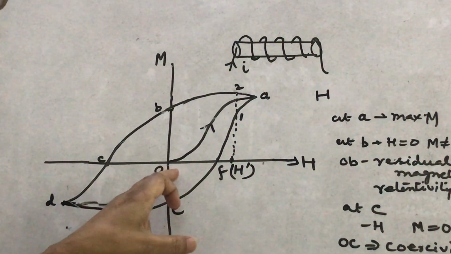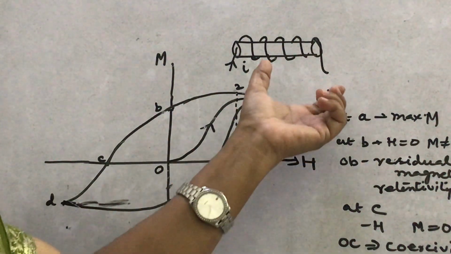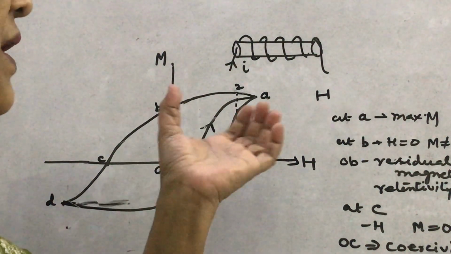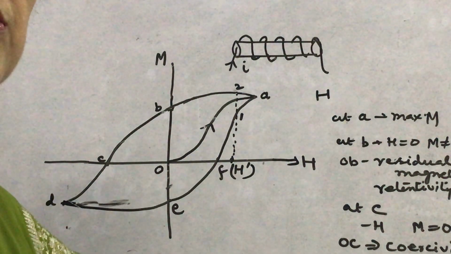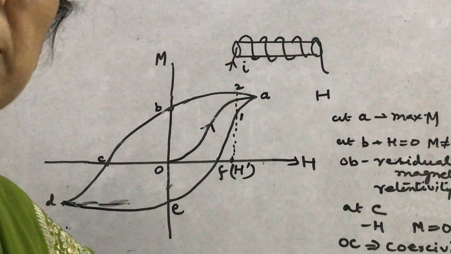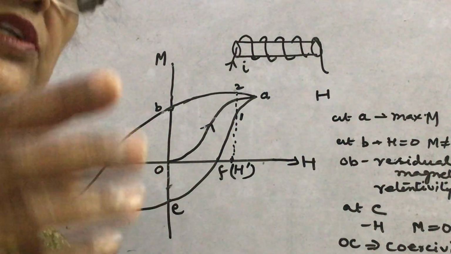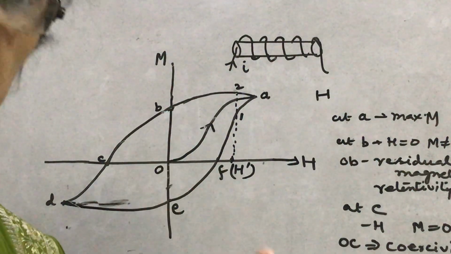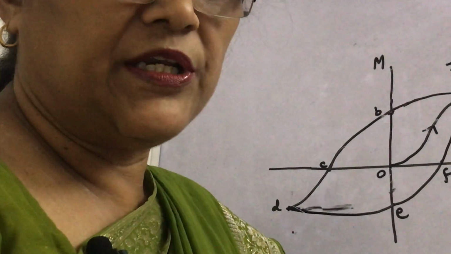Next, high coercivity means M is not easily destroyed by strong magnetic fields, by temperature variations, or by minor mechanical damages. If a magnet is there, then its magnetization is not destroyed. So for making a permanent magnet, the substance should have high retentivity and high coercivity.